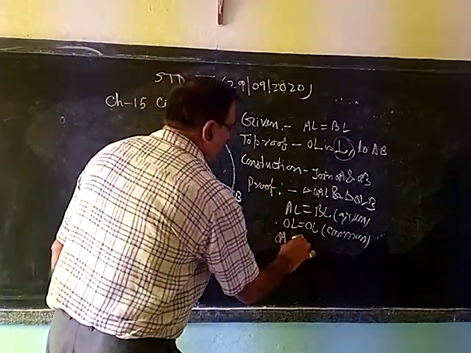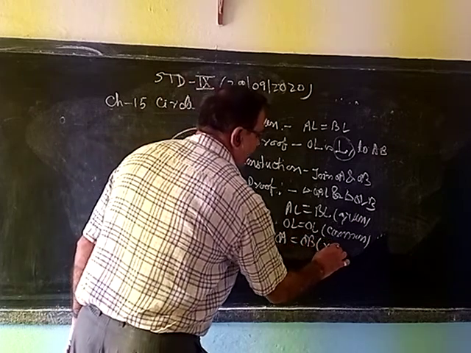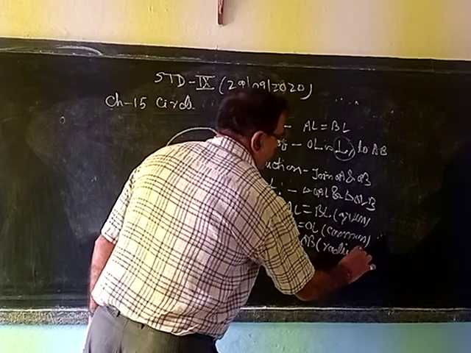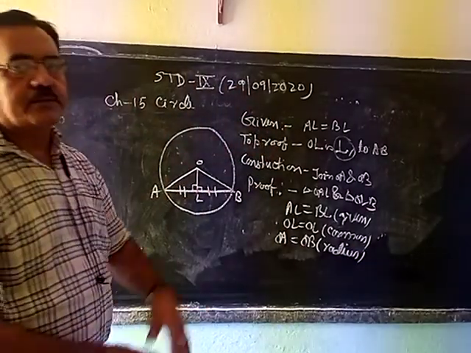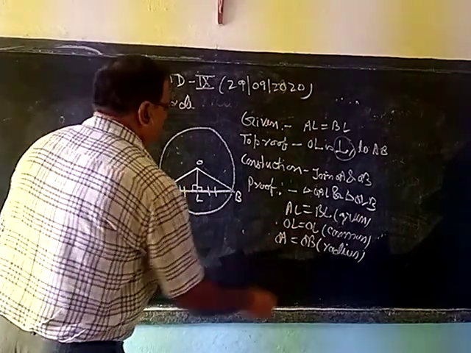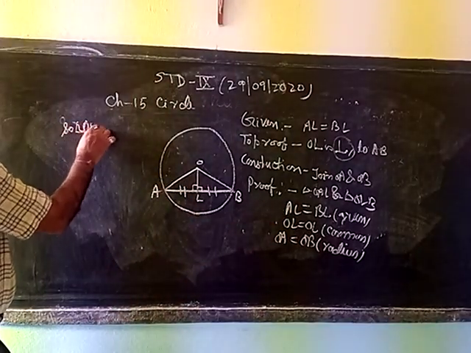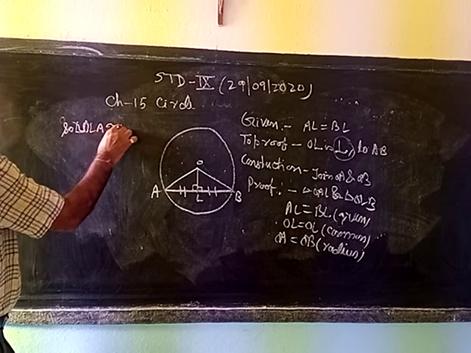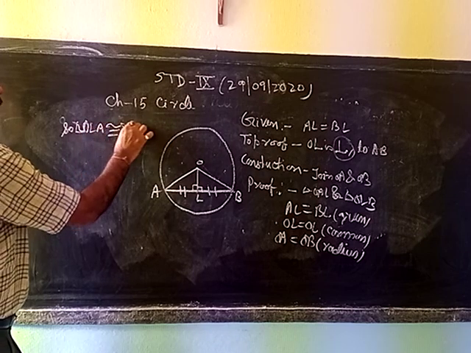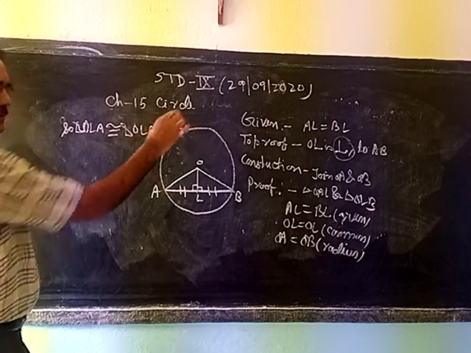OA is equal to OB, radius. The radii of the same circle are equal. So triangle OLA is congruent to triangle OLB by SSS, side-side-side.